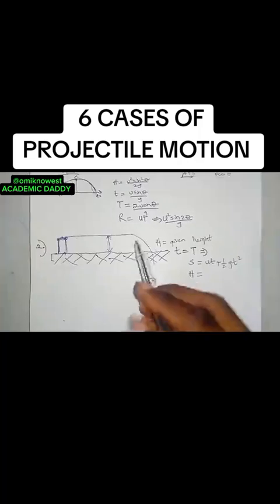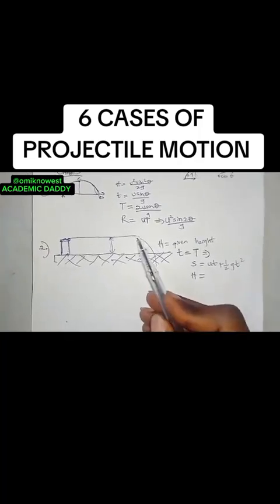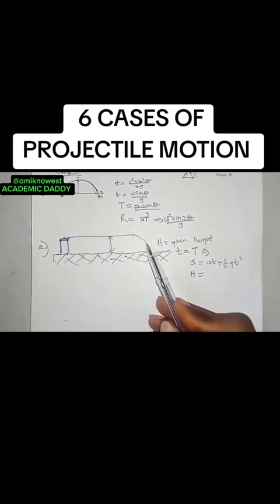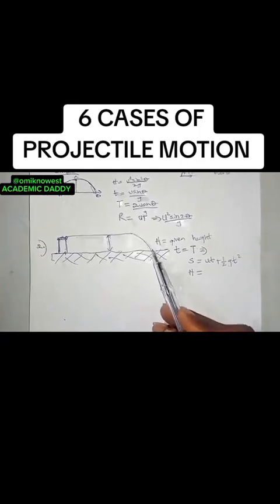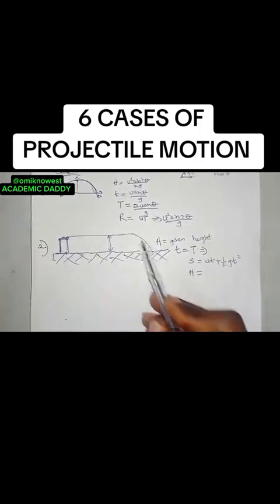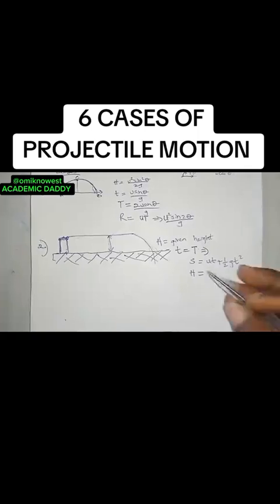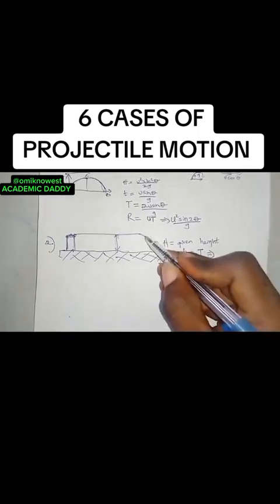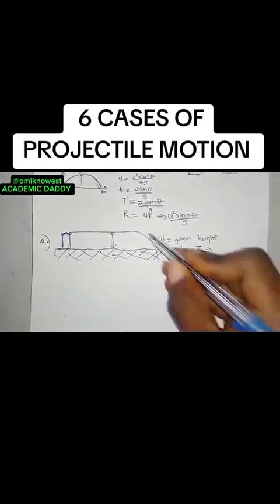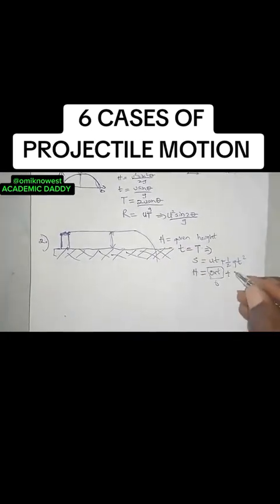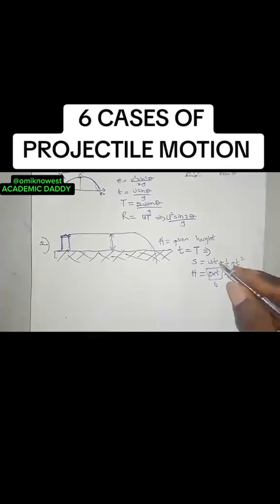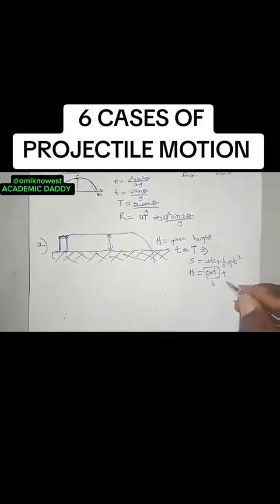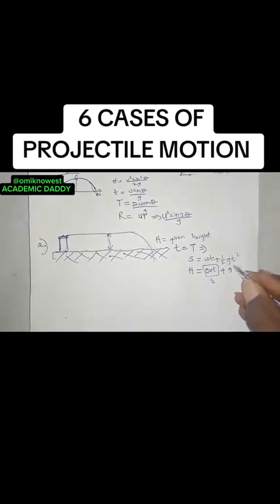Now, once an object is coming down, your initial velocity is 0, so u times t will be 0. Because it's coming down, gravity is obeyed, so it remains plus gt squared.